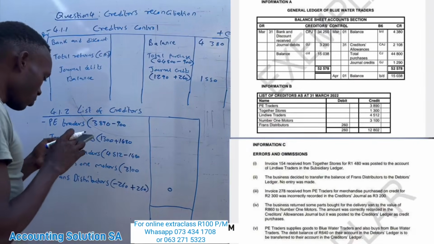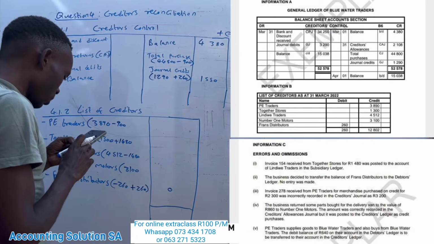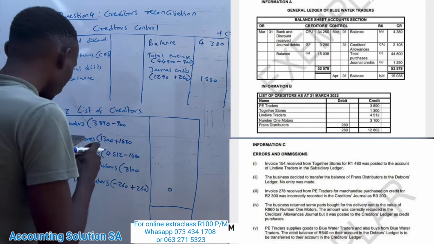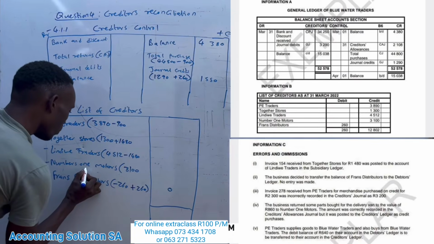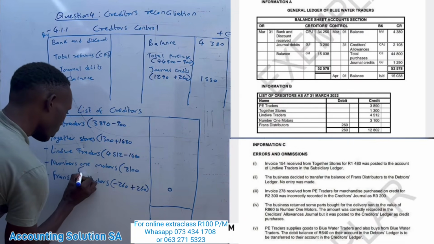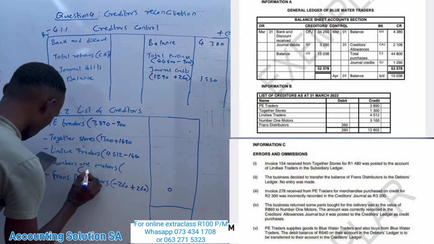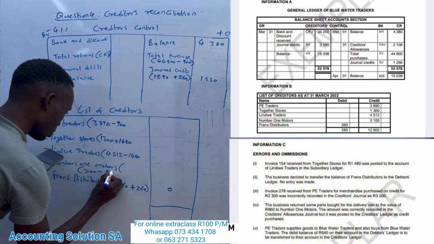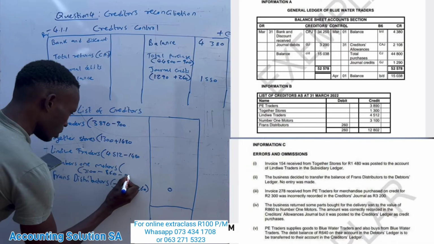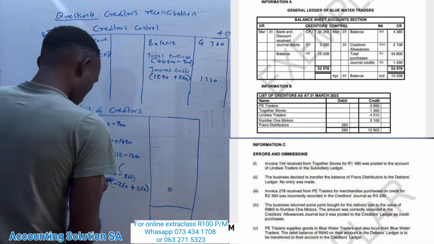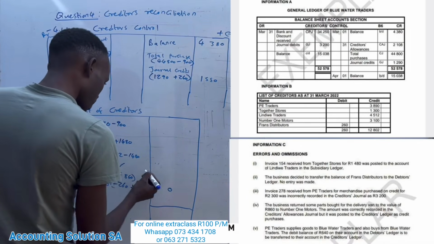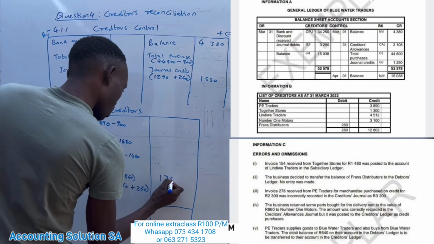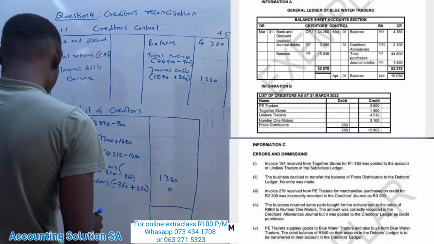The first one is to rectify the mistake that they did, the second one is now recording the return. Okay, the amount is 860 and it is affecting Number 1 Motors. We open a bracket. Let me bring this one, 3,100 minus 860 minus 860. Okay, and the total is going to give us 1,308.